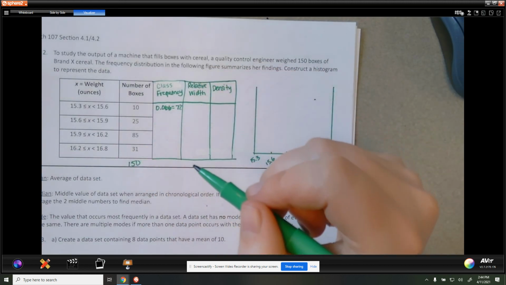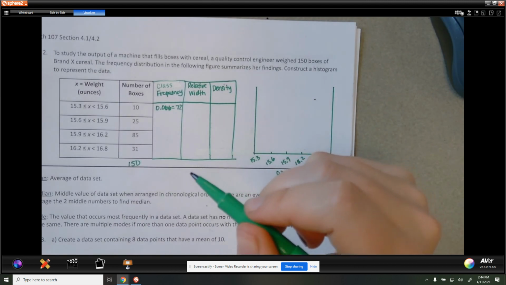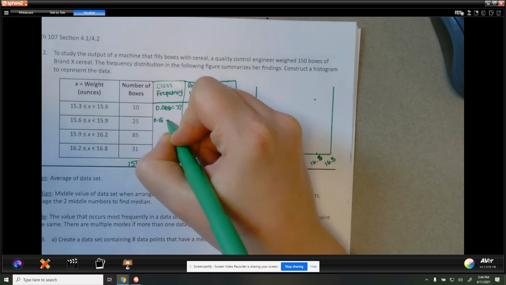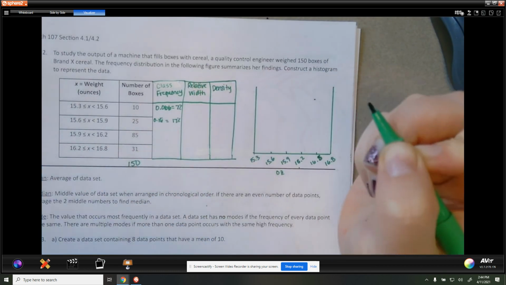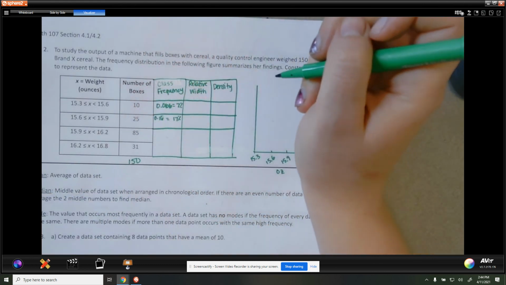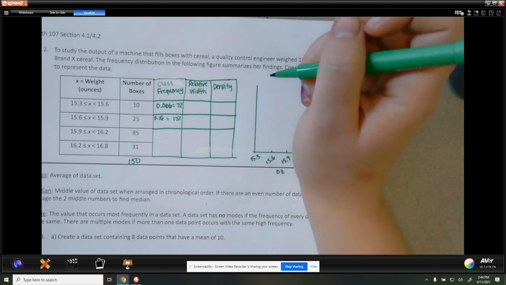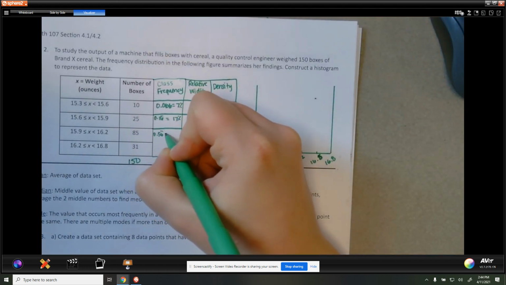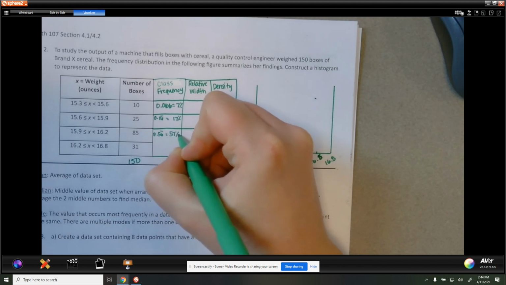Okay, then we got 25 divided by 150. That is 0.16 repeating, which I'm going to say is 17%. Next one we have 85 divided by 150, which is 0.56 repeating, which I'm going to say is 57%.